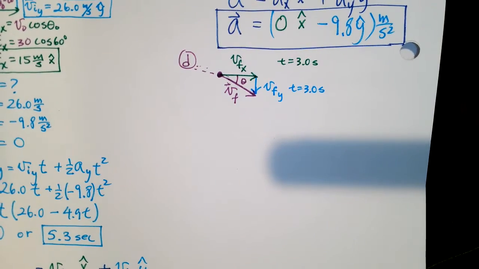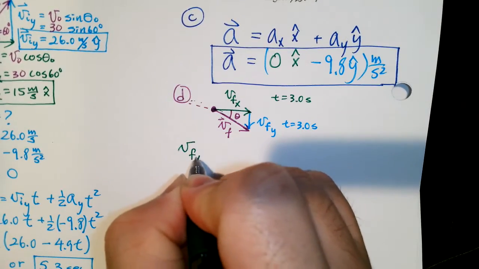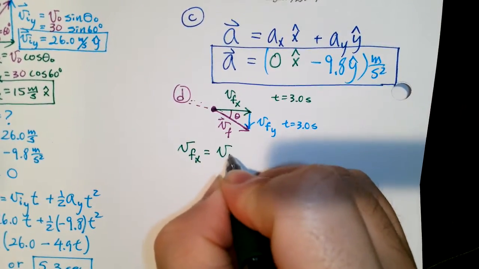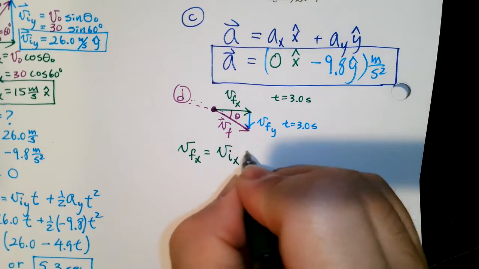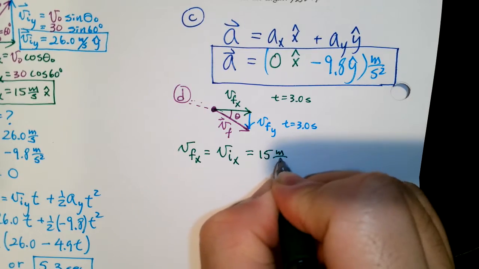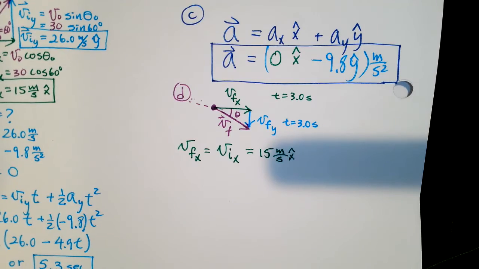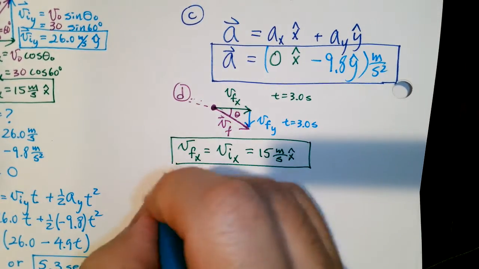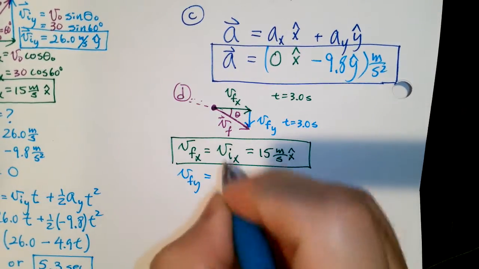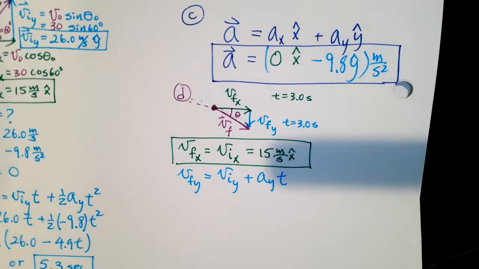All right, so VFX. We don't even have to calculate the VFX. Why? Because it's always going to be the VIX that we already calculated, because it's not going to change. Therefore, it's always going to be 15 meters per second in the x direction, no matter what time it is. So that's easy. However, your VFY will change because it depends on time, which is VIY plus ay t.